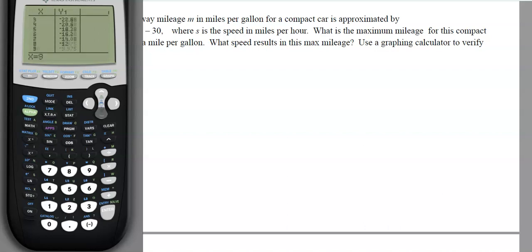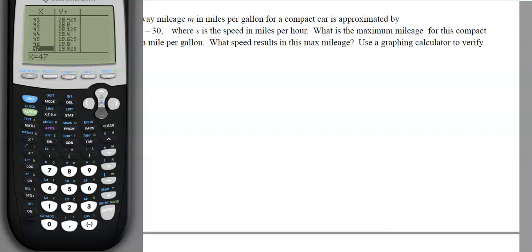And if we go down, it looks like for this model, at 15 miles an hour, we start to get positive gas mileage, which doesn't really make a lot of sense, but it probably only works for certain miles per hour. Now we're getting somewhere. At like 30 miles an hour, we're up to 21 miles per gallon. At 40 miles per hour, we're still getting better miles per gallon.